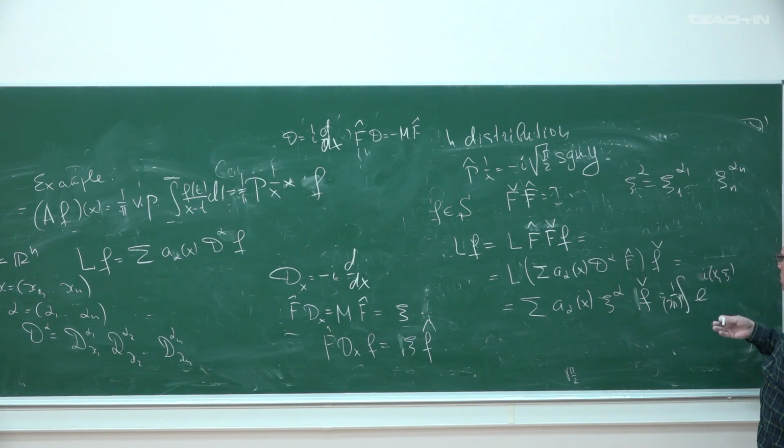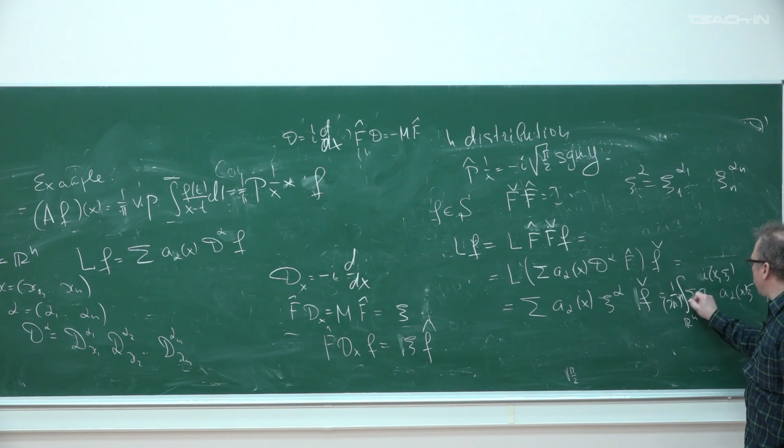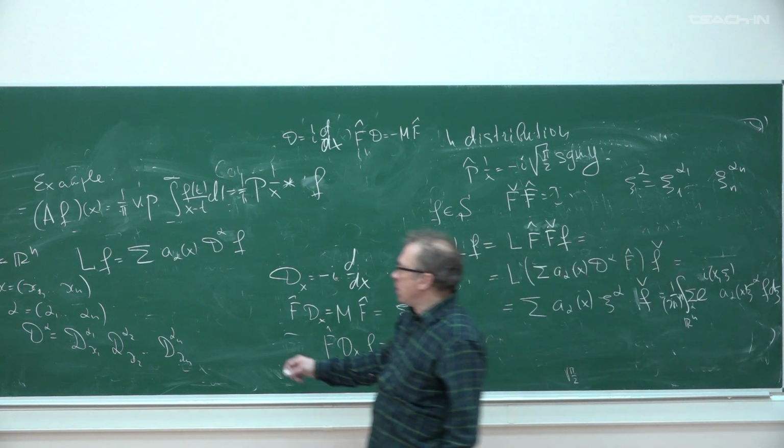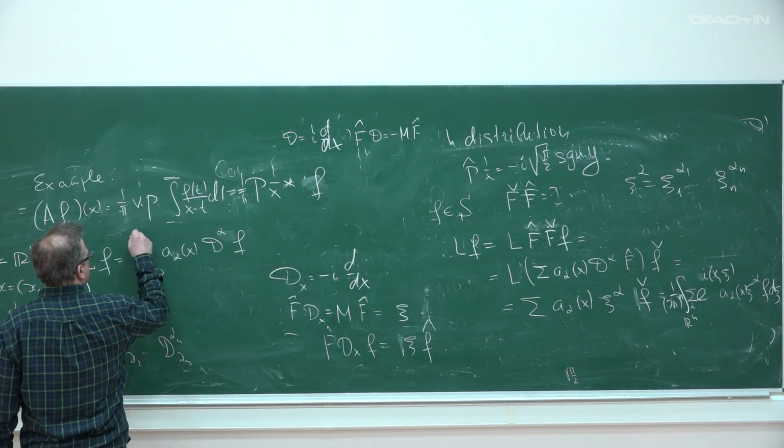For the inverse, it is an integral over Rn, alpha x, xi alpha, f d xi, and I forgot the sum for alpha from 0 to m.